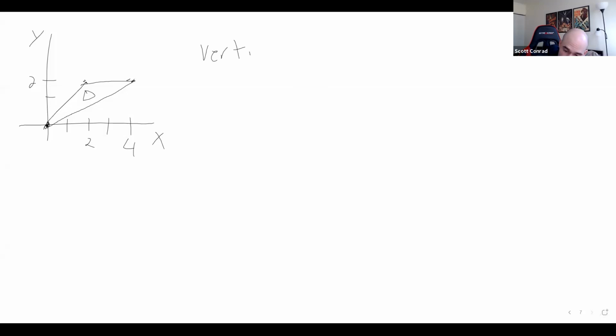It's not vertically simple. Because if you do the vertical line test, depending on what vertical line you intersect D with, the top curve is going to be different, right? For the first one, the top curve is this guy, and the second one, the top curve is this guy, and those are two different curves. One is y equals, we'll figure that out in a second. The other is y equals 2. So it's not vertically simple.